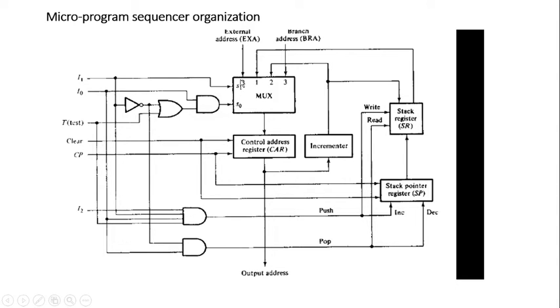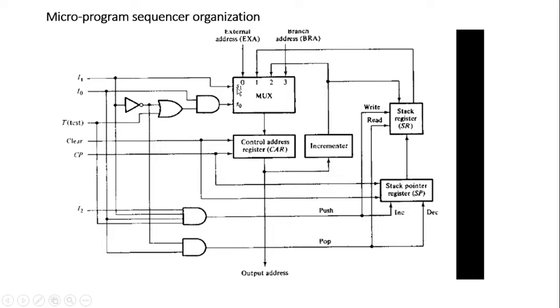What's the meaning of the 0th input? Choose an external address. That means just start a new microprogram subroutine execution, so that it loads the control address register from a new address provided by an external source.